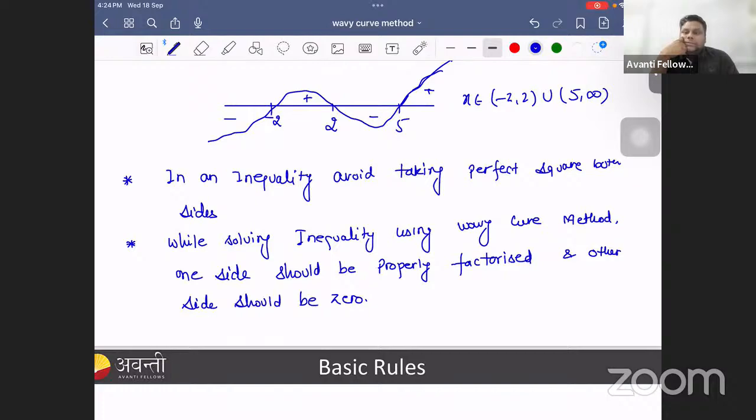Am I clear? So one side of the inequality should be properly factorized and the other side should be 0.